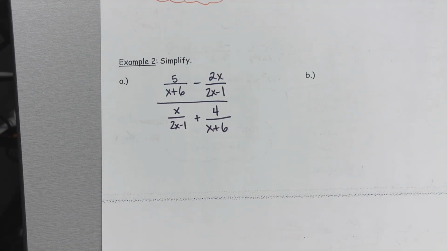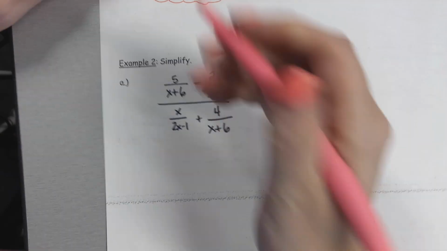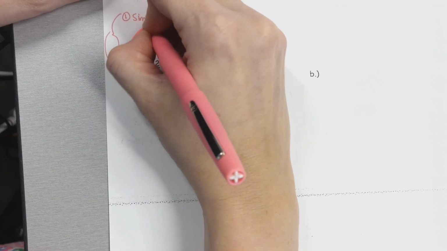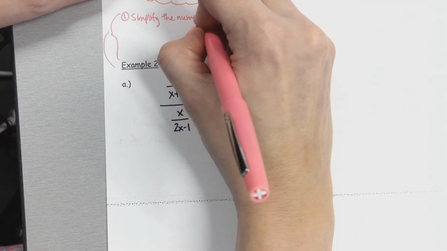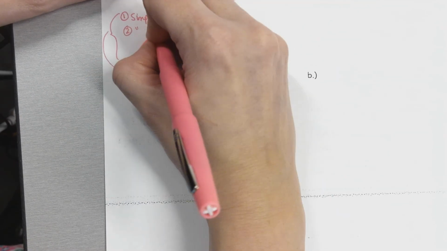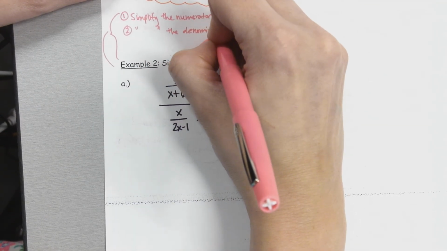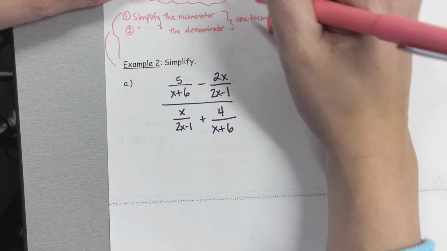So before we just had two fractions within a fraction. Now we have 2 in the denominator, 2 in the numerator, and that one big one. Okay, so that can be overwhelming. To make this process a little bit easier, the first thing that we do is simplify the numerator, then simplify the denominator, and by simplify we mean make it one term.